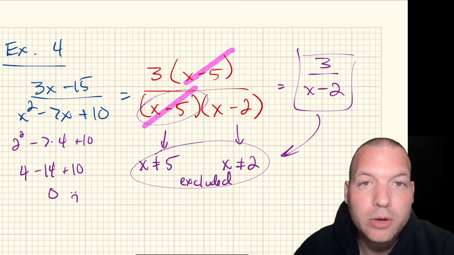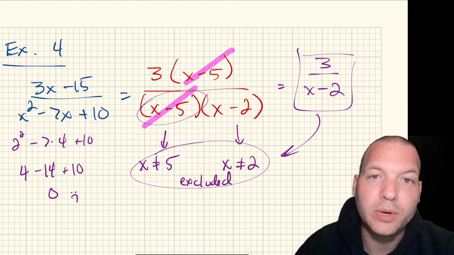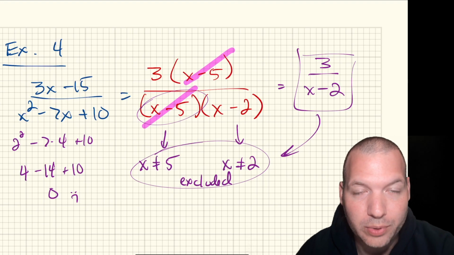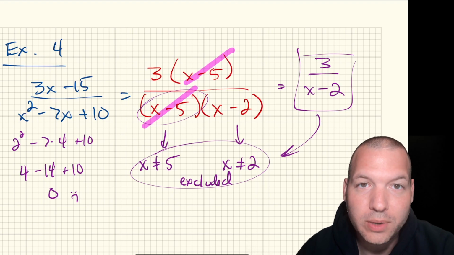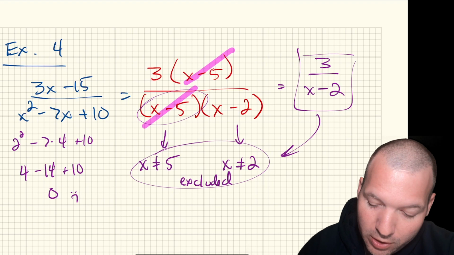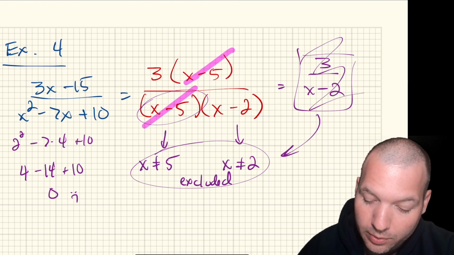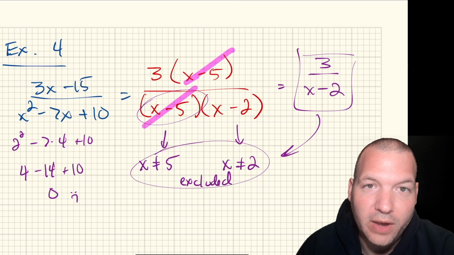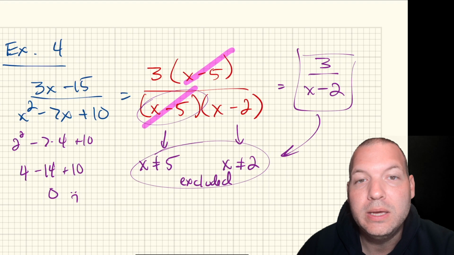So again, please notice the excluded values are from the expression at the beginning of the process, not the end of the process. So we have to exclude that 5 as well, even though over here it doesn't look like there's going to be a problem with the 5, right? Seems like it would be just fine if we plugged 5 in. It would give us back 1, right? 3 over 5 minus 2 is 3 over 3 is 1.